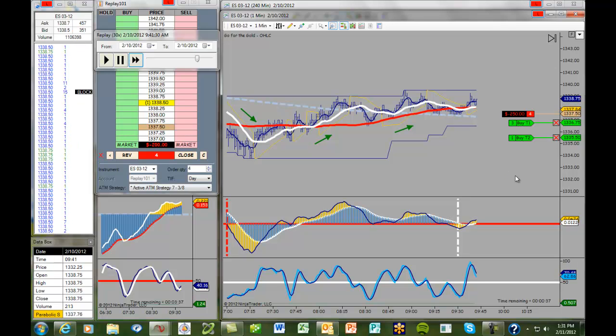Got a little faked out, but we're still looking kind of bearish here. Look at the stochastic on both sides.